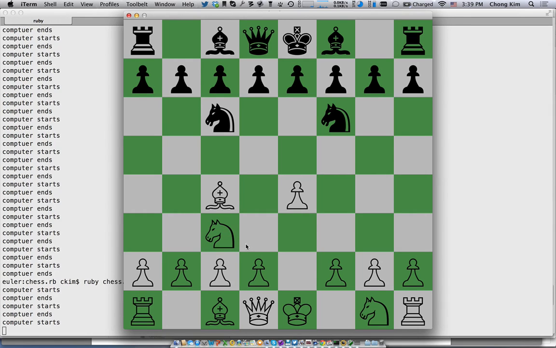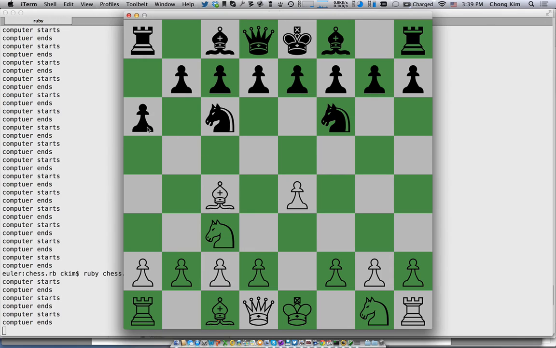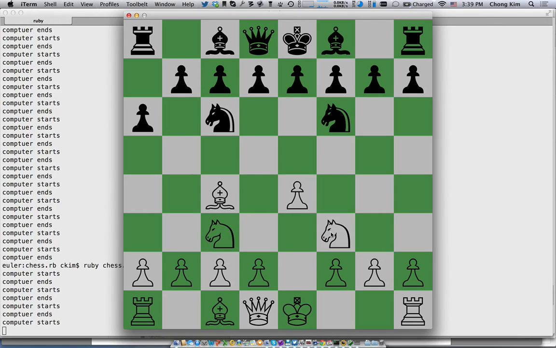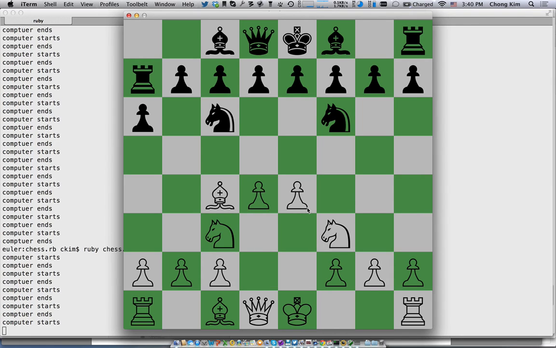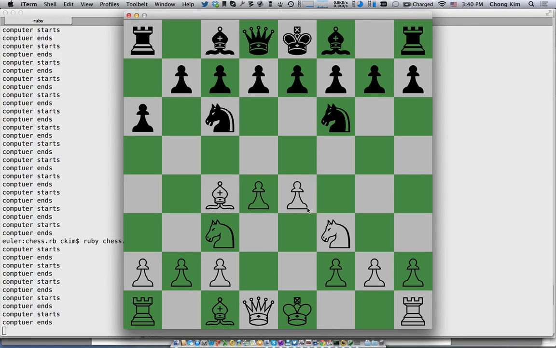Protect. Okay, that's what it did last time. And I'm just going to develop. Okay, so still random move because right now none of the pieces can immediately attack the king. But now I'm going to start losing all my pieces. All right, so let's start losing pieces.